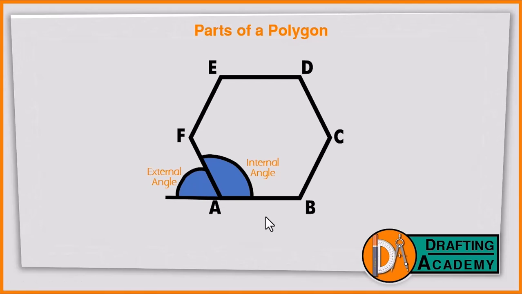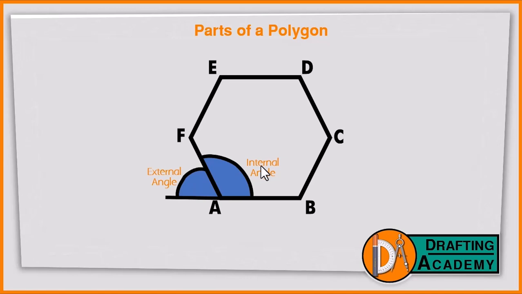When we're drawing polygons that are regular, the internal angle is always the same. So the angle BAF, BCD, FED, or simply all the internal angles here in this hexagon are going to be a particular value. If any one of them changes, that polygon would no longer be a regular polygon.